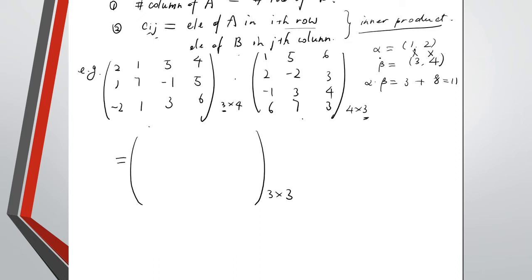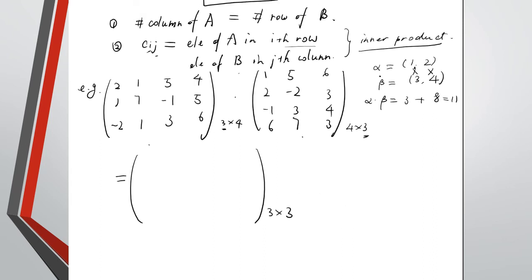Alrighty, so if you have a little trouble to begin with, let's do it together, hand in hand. The first element in this product, I would say this is C11 because it is in the first row and the first column.